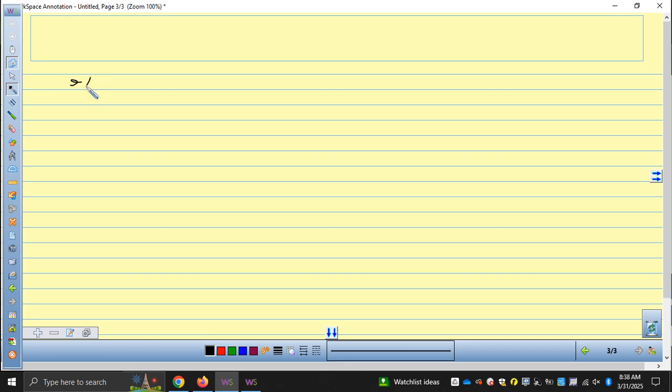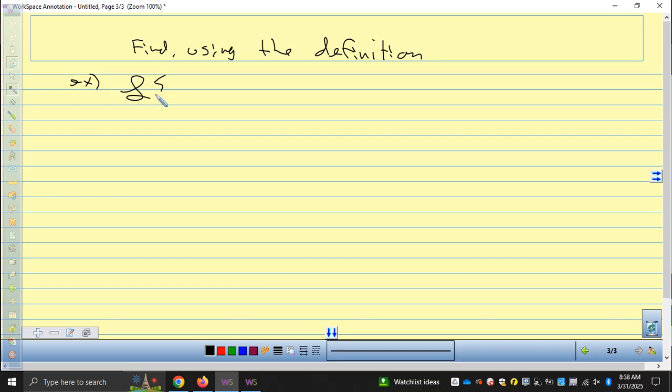Let's look at some examples. We're going to apply the definition. We want to find, using the definition, the Laplace transform of 1.